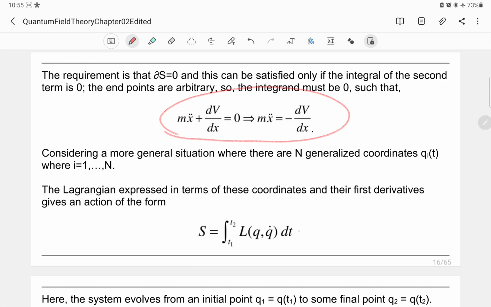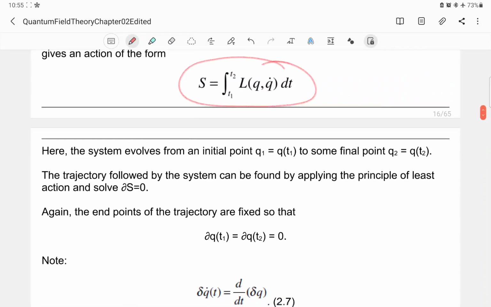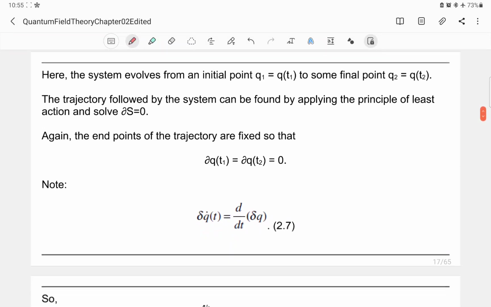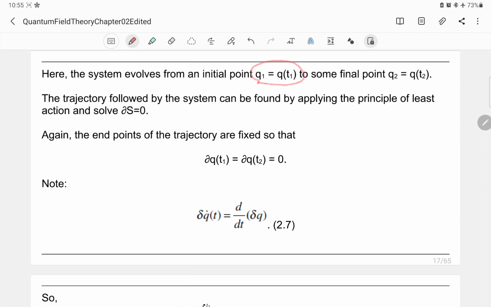So anyway, this is the action, and then the system evolves from an initial point q1 at time t1, to q2, which is the coordinate at final time t2.